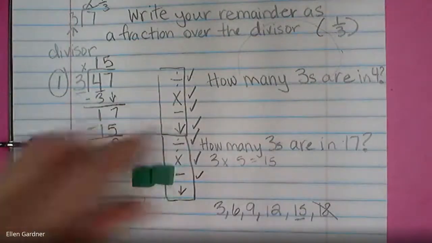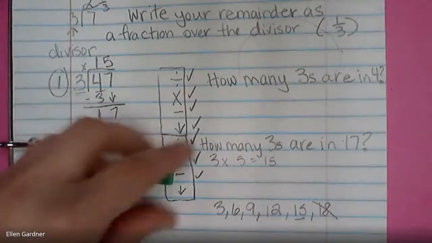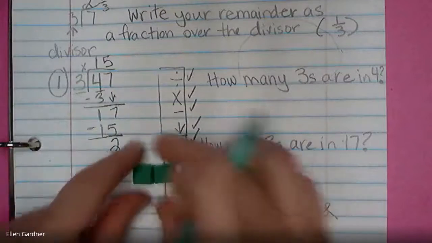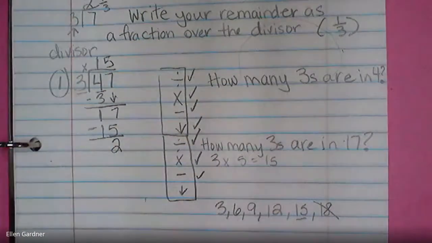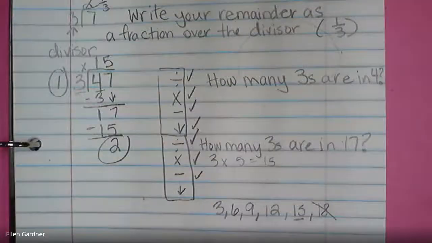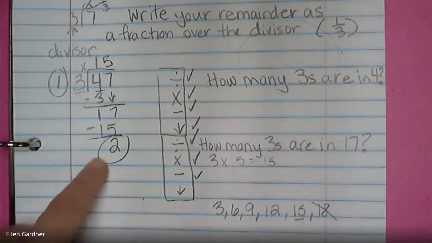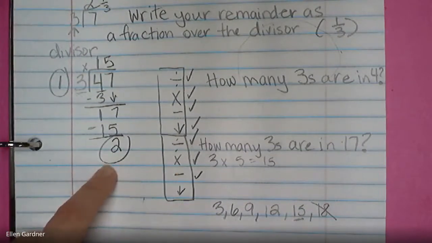These 2, we can't divide again into 3 groups because there's not enough to divide into 3 groups. How do we write the remainder, Tig? R2. So that is what some people do, but we write it as a fraction so that it's a true number. Do you remember how we write it as a fraction?